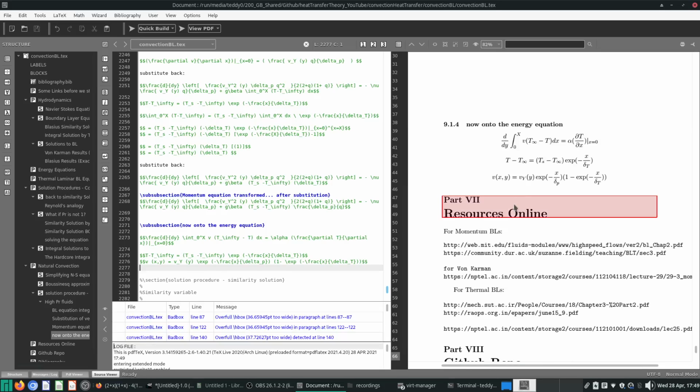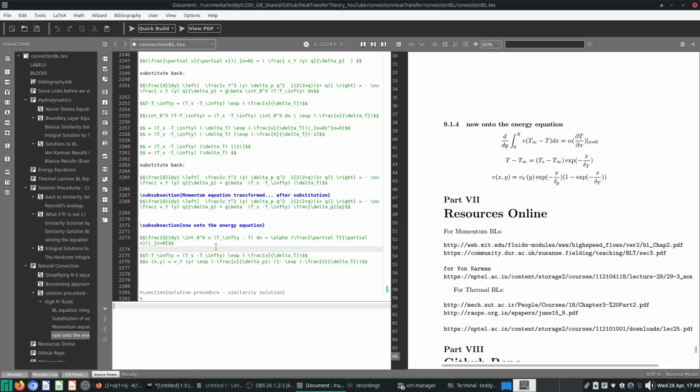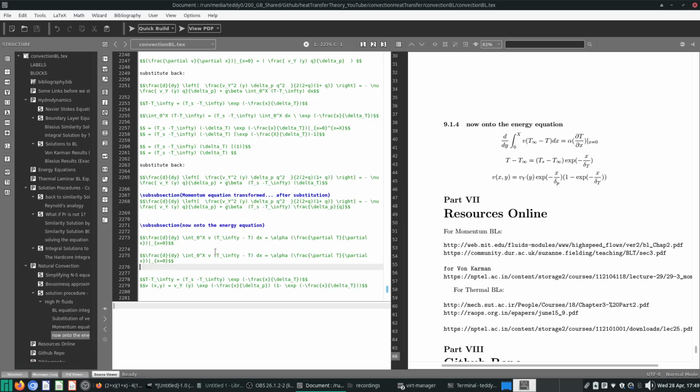So I will need to do something very simple. Well, not simple, but simple enough. This thing here will need to take the minus sign out. I'm going to swap this around so that it at least looks like the variable we're trying to substitute in.